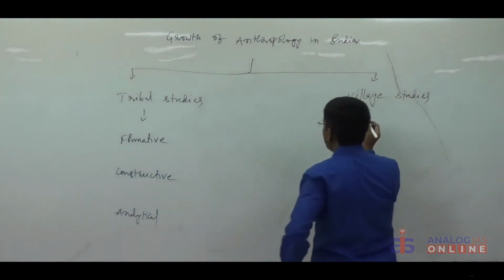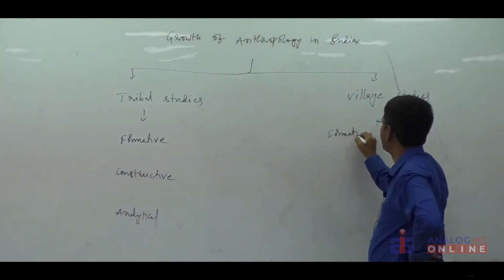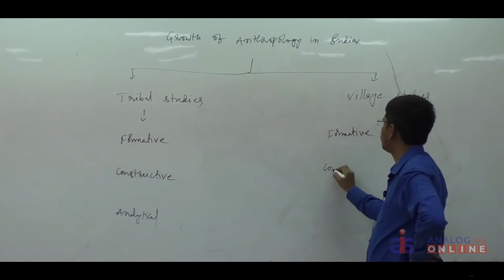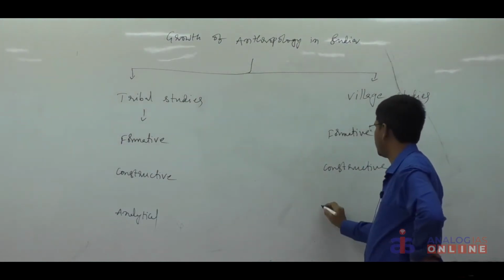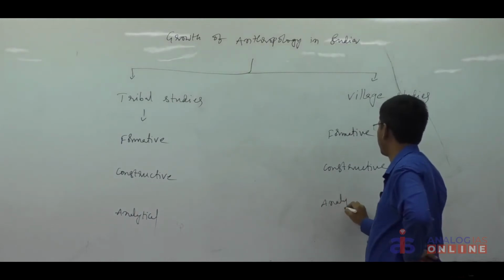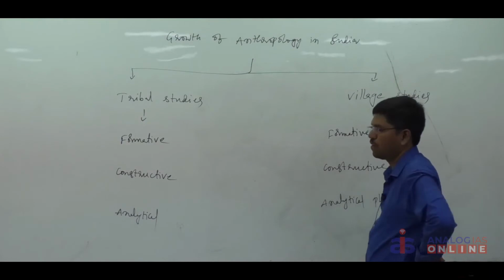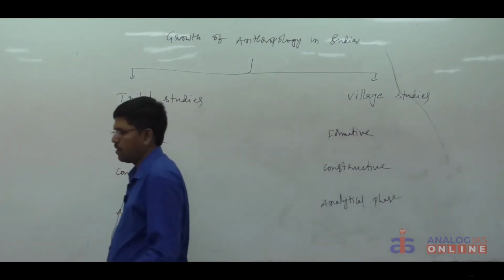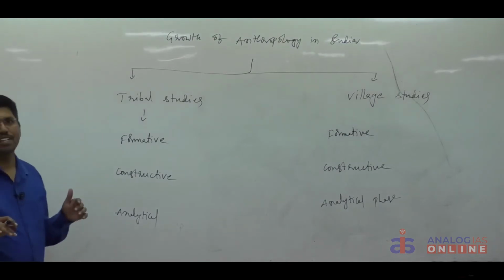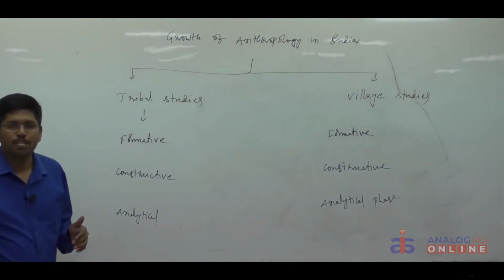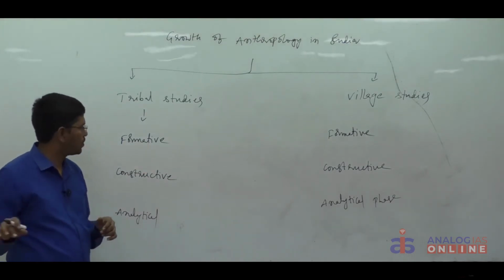Similarly, with respect to village studies also we can come across formative stage, constructive stage or phase, and finally analytical phase. In India, the growth of anthropology was started with the establishment of Asiatic Society of Bengal by William Jones.